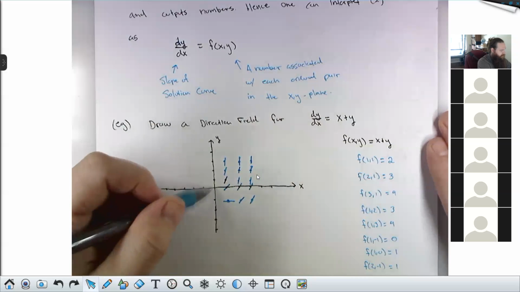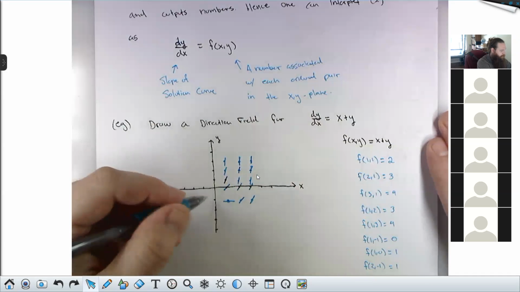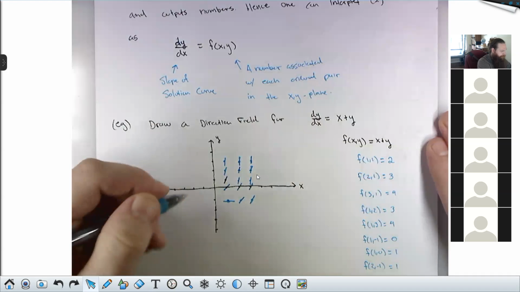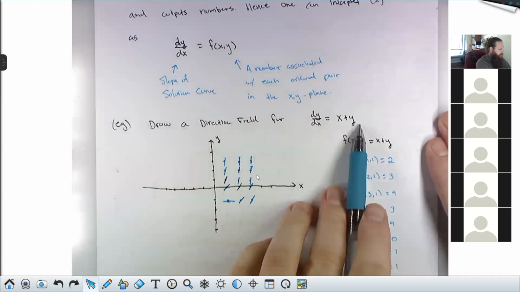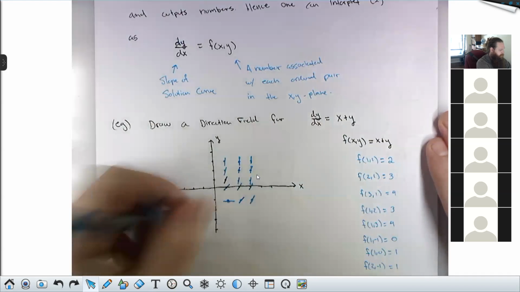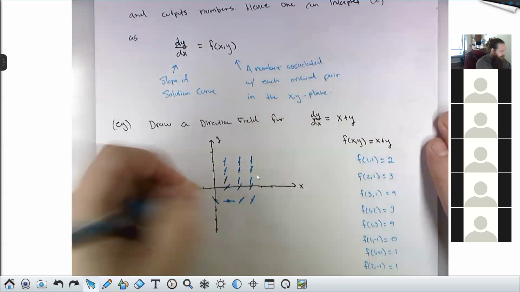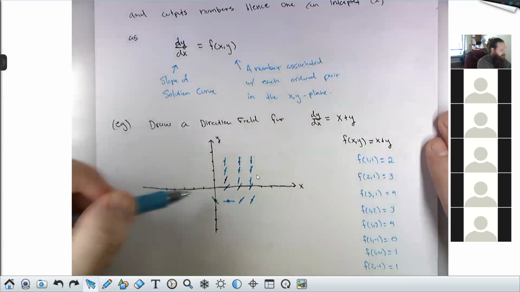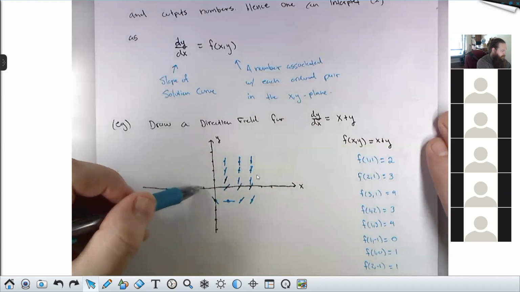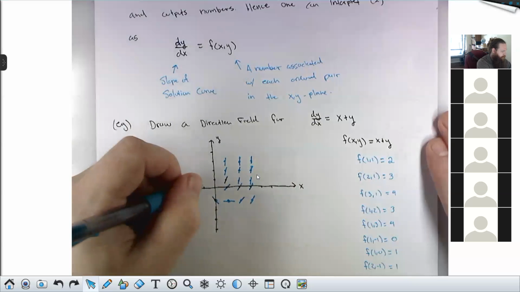Let's do a few others. If I look over here at 0, -1, that would be a slope of -1, right? If I plug in -1 and 0, here that would look like this. If I plug in -1, 0, it's like 0, -1, that would be a slope of -1.